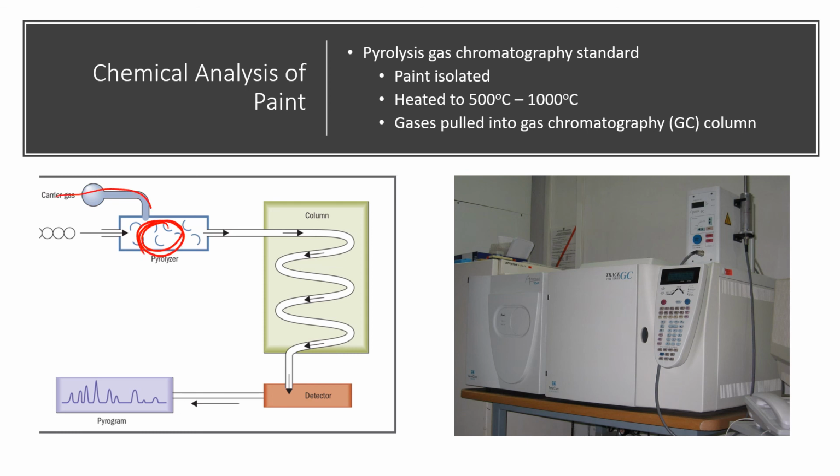A special carrier gas is going to be pushed into that chamber, and it's going to be blasted to anywhere between 500 to 1,000 degrees Celsius, depending on what you think is in there. That's going to basically burn and vaporize all the different constituents of the paint sample.